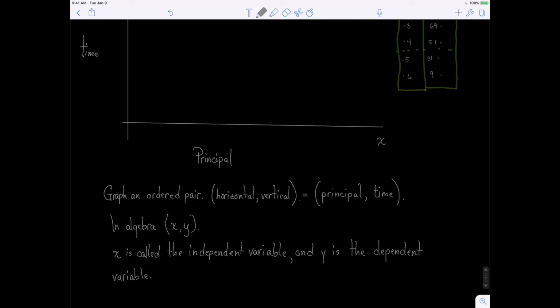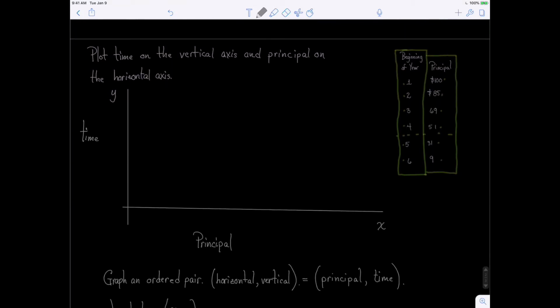In statistics, we would say the independent variable is the explanatory, and the dependent is the response. That's the relation between algebra and statistics.